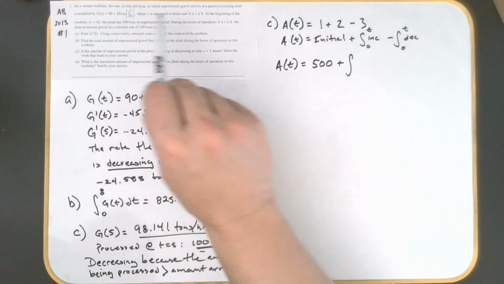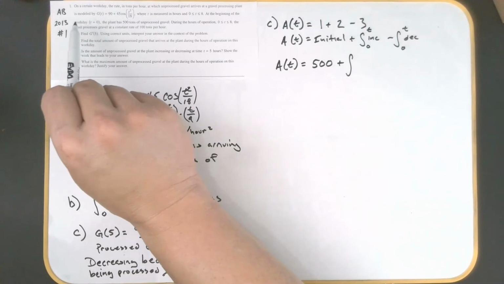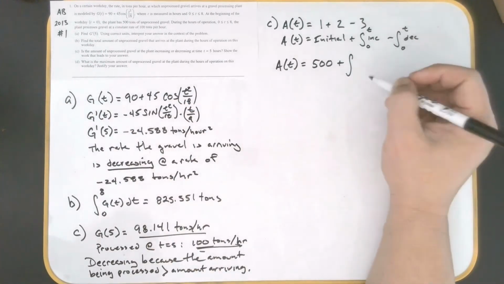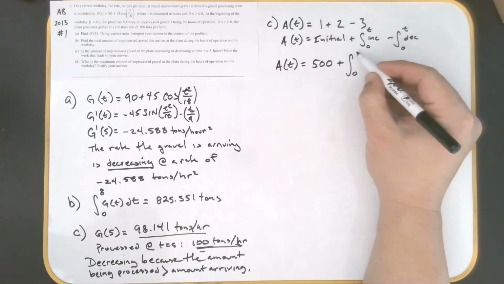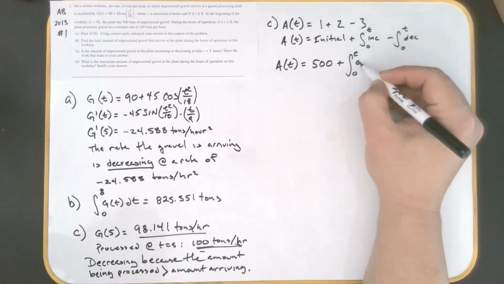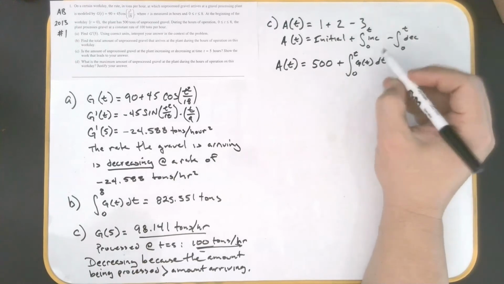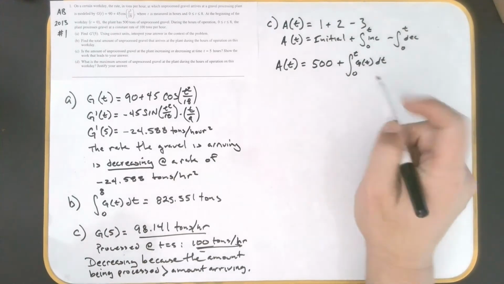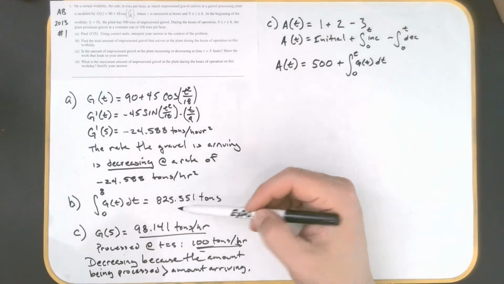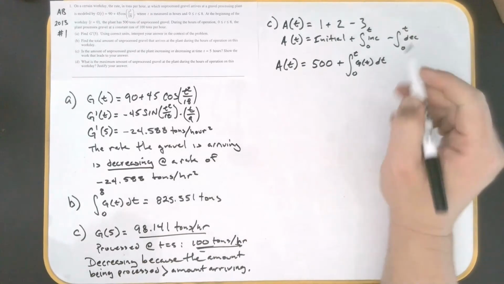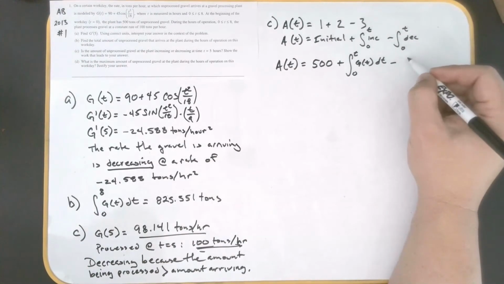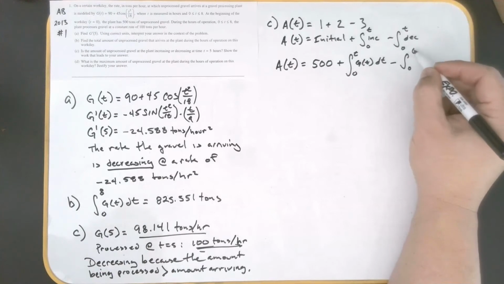The amount that arrives is modeled by g of t, so from 0 to t, g of t is the amount that arrives. When you want to know how much arrived, you integrate the rate it was arriving. We actually did this part over here in part B. So it's 500 plus the amount that arrived, and then I'm going to subtract how much was taken away.